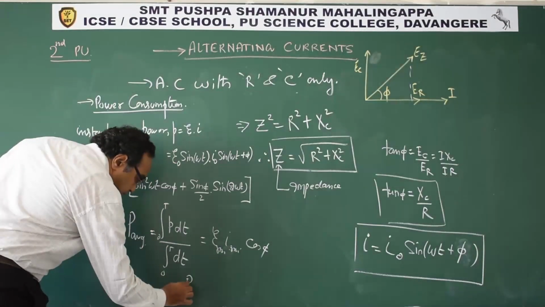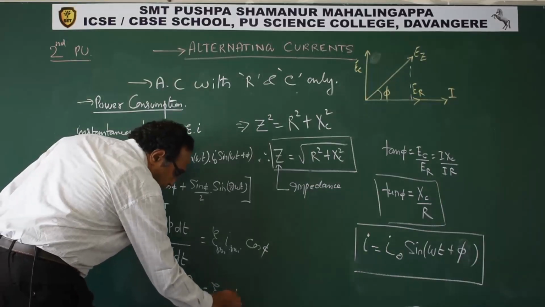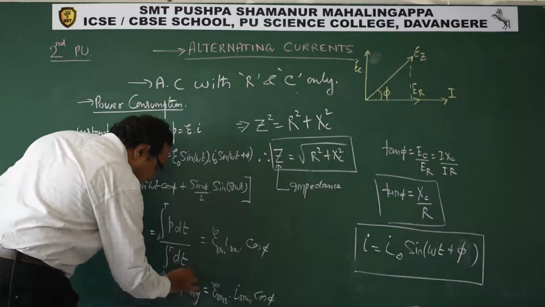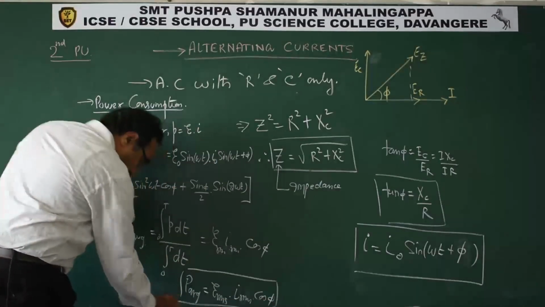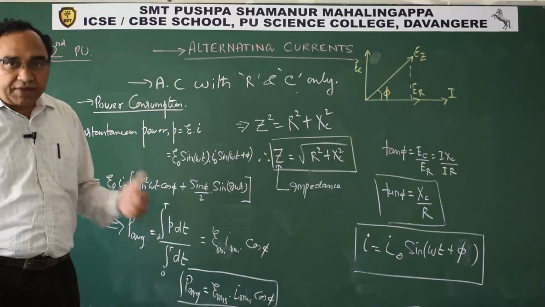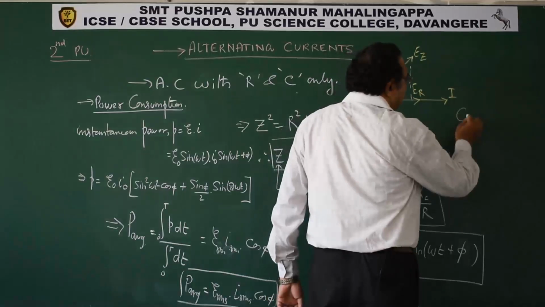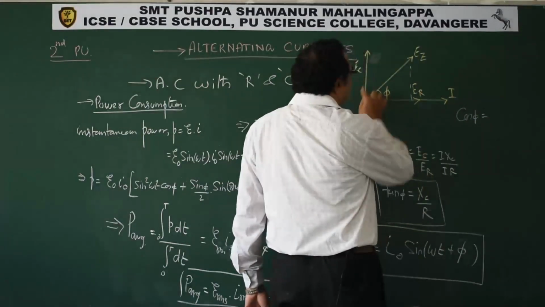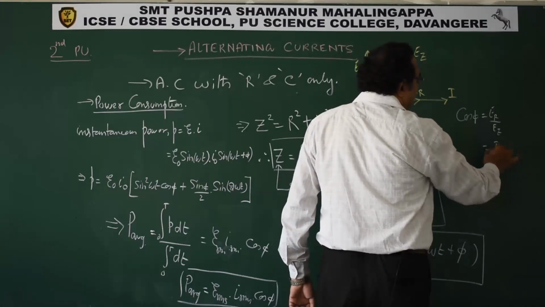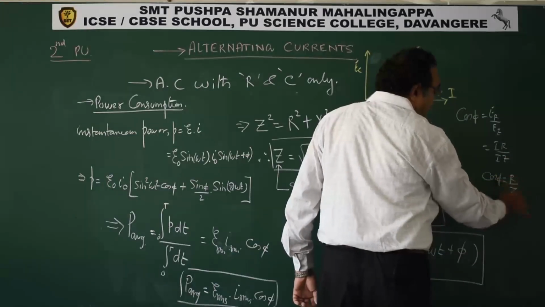So average power is ERMS IRMS cos phi. This is what you must get. Again, what is cos phi? Cos phi is the power factor. How will you find the power factor? From this impedance triangle, cos phi is base upon hypotenuse, so you get this as ER by EZ, that is R by Z. Again we get the same expression.